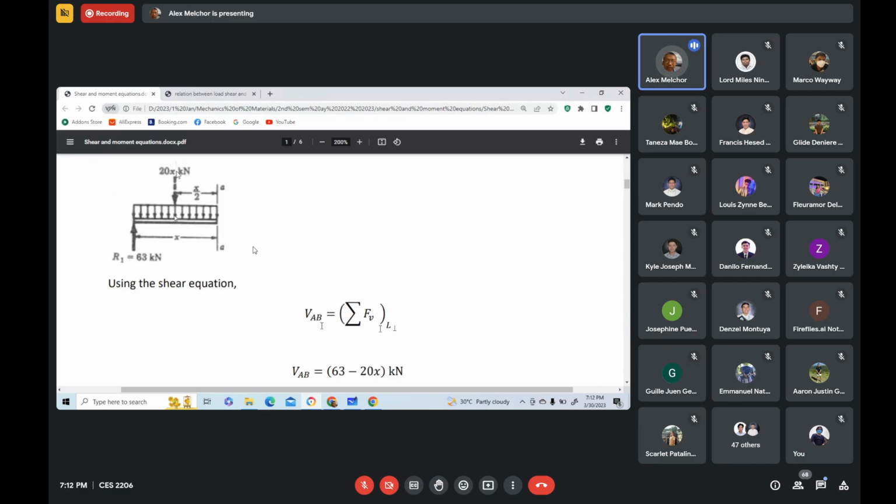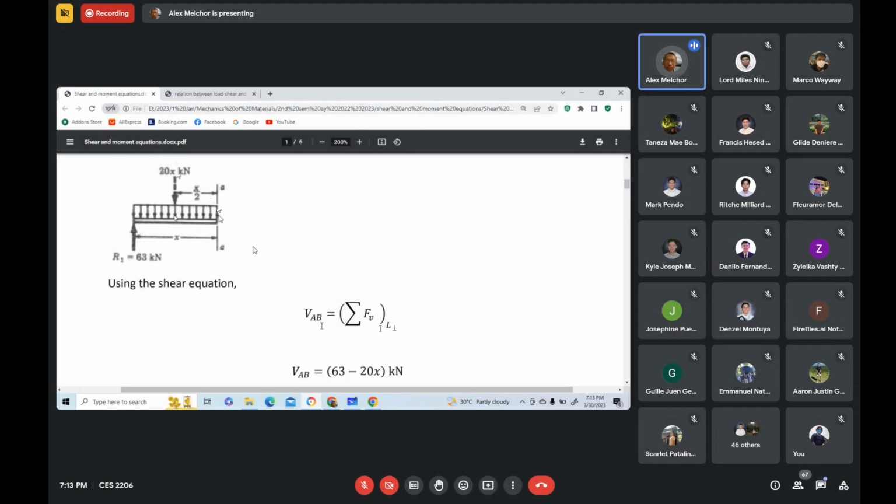So that line of action passes through the center, and that distance is 1/2 of x. So the magnitude of the resultant for this loading is equal to the area of the load. So it is equal to the base times the height. The height here is the intensity of the load, which is 20 kilonewtons per meter.